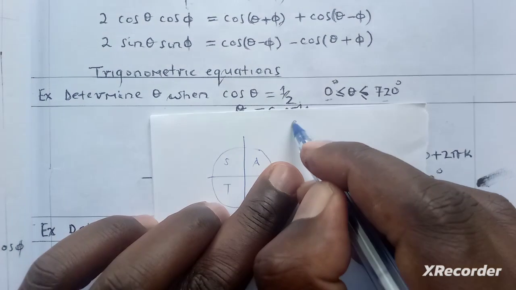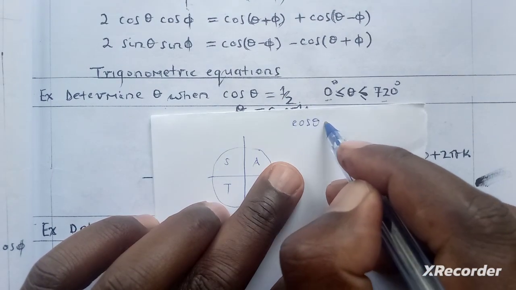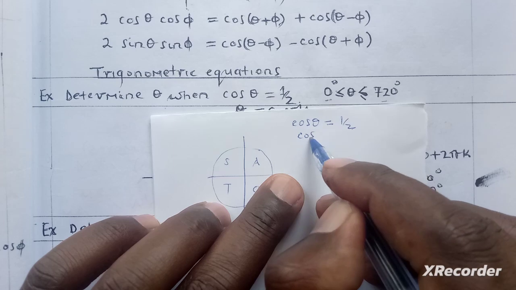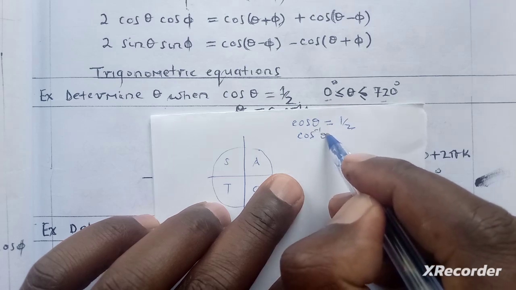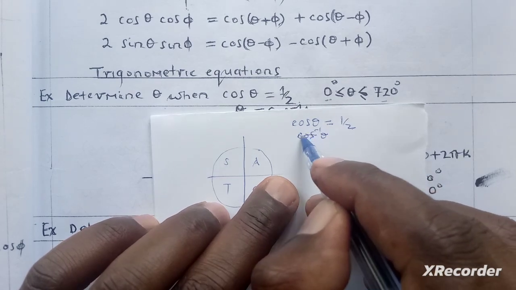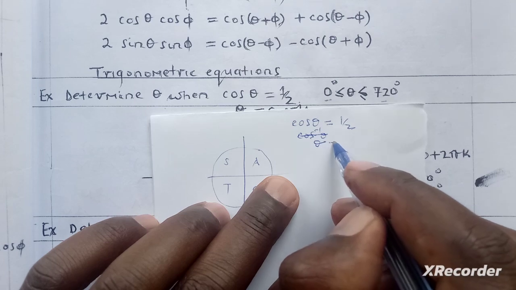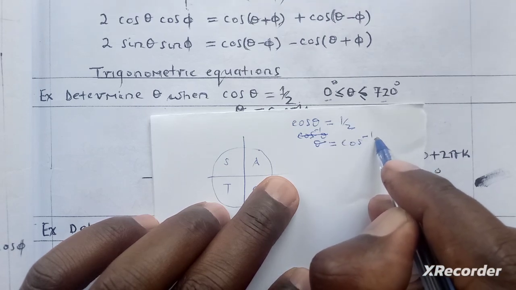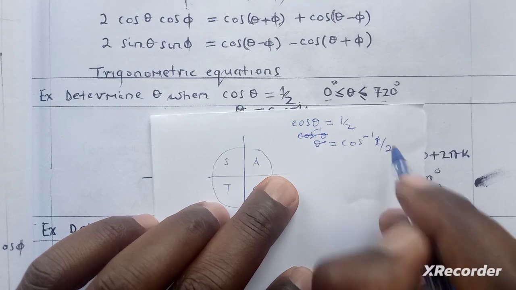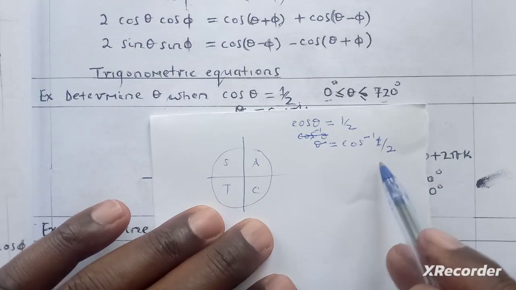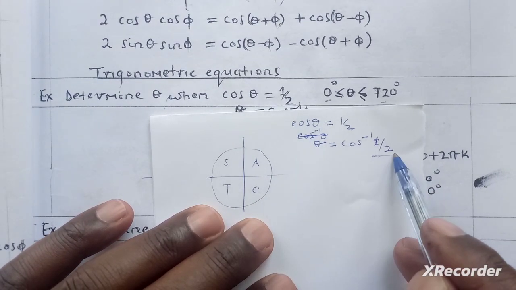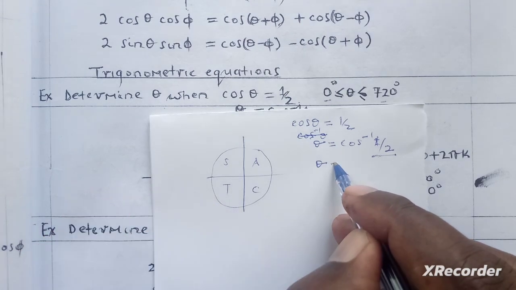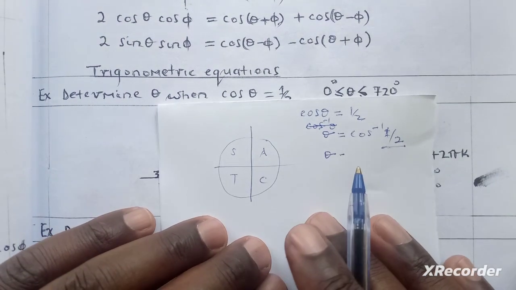So for cos theta equal to a half, theta will be equal to cos inverse a half. So you are supposed to check in your table for cos inverse, and this cos inverse will be given by 60.